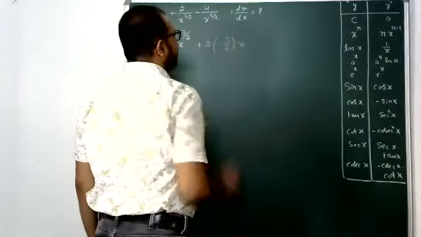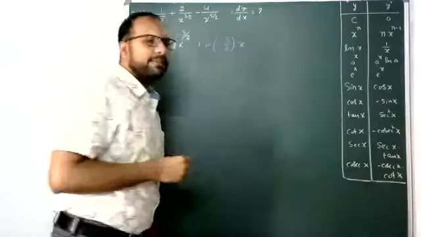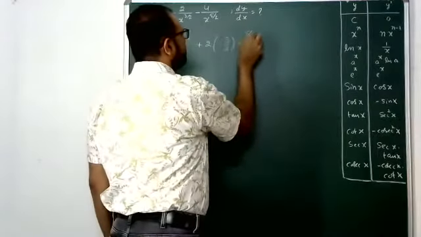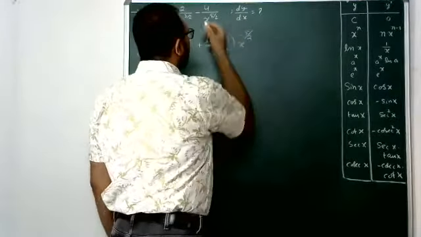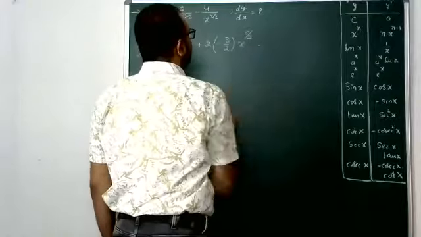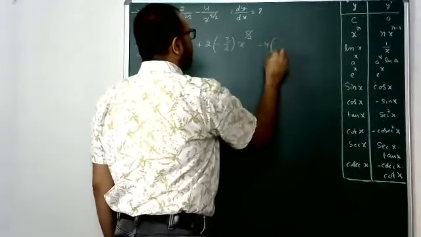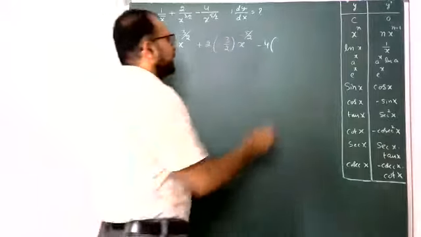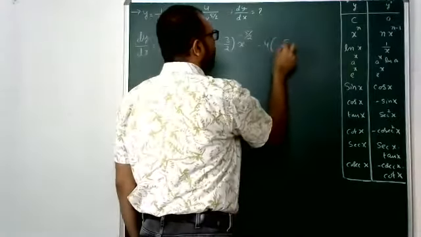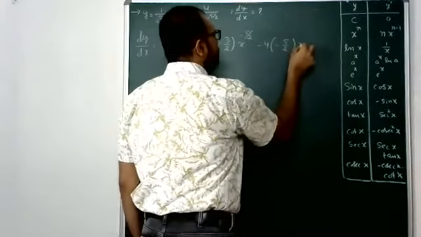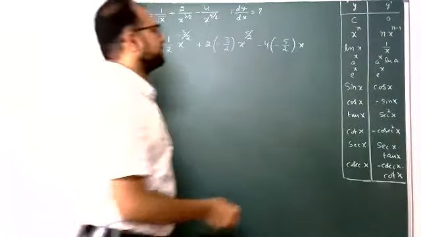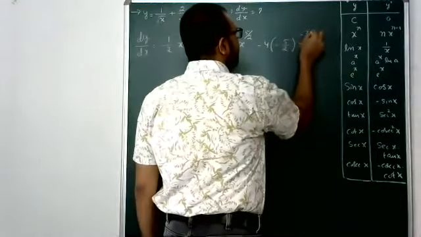x to the power of minus 3 by 2 minus 1, minus 5 by 2. Next, minus 4 only. x to the power of minus 5 by 2, that is minus 5 by 2 x to the power of minus 5 by 2 minus 1, minus 7 by 2.